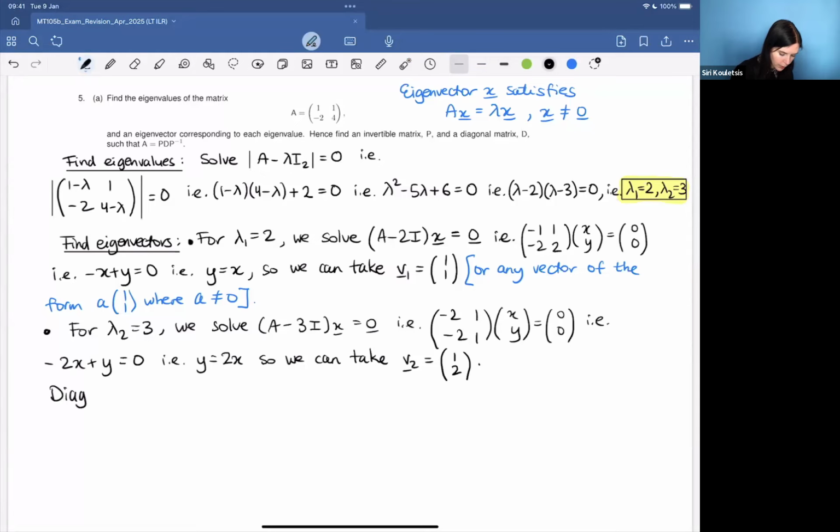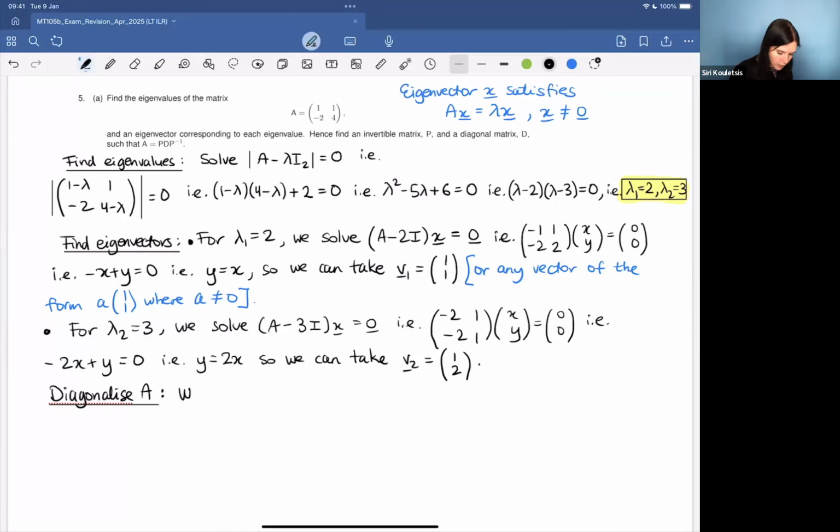And finally, now we get to the part where we diagonalize A, although what we did above is of course part of the diagonalization process, but now we want to write A as PDP inverse.